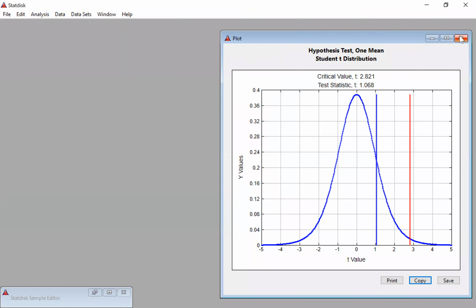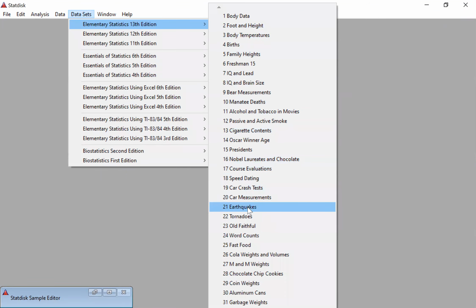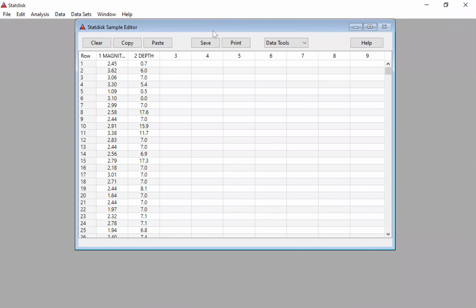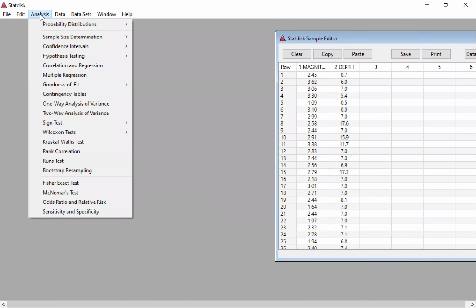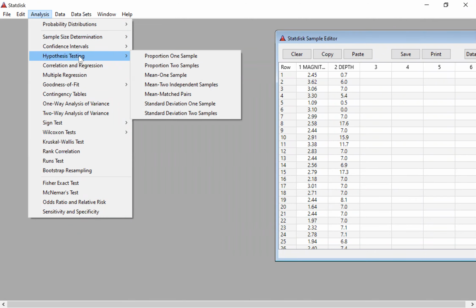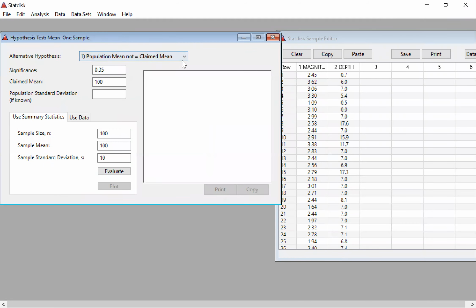Let's get rid of our previous one. And they said data set 21. So there's our earthquake data, and then we're testing the magnitude, which is in column 1 here. So analysis, hypothesis testing, mean 1 sample, and this time they were wondering if it was greater than.